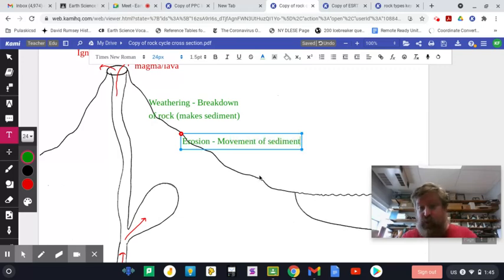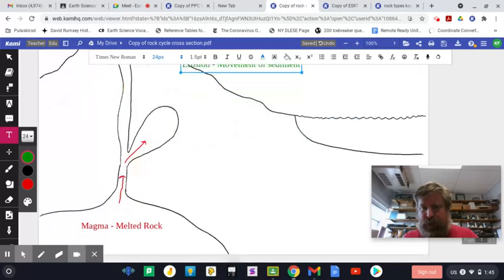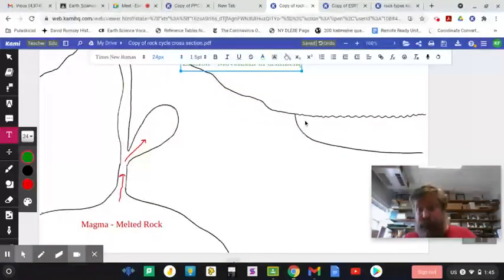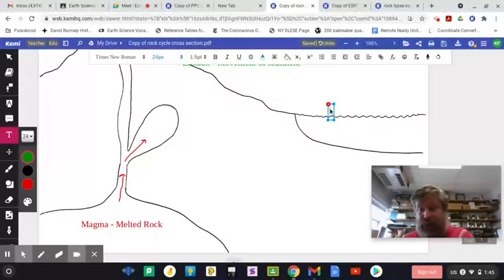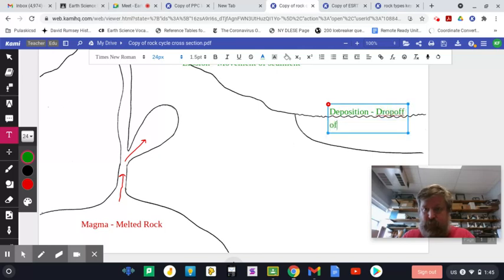In rivers and due to wind and things like that, where there's active Earth science processes happening, the energy is going to keep that sediment moving along, but that energy can't keep up forever. Eventually it ends up in a lower energy environment where it gets dropped off. And the most common depositional environment is underwater here on Earth. Deposition, which is drop off of sediments.